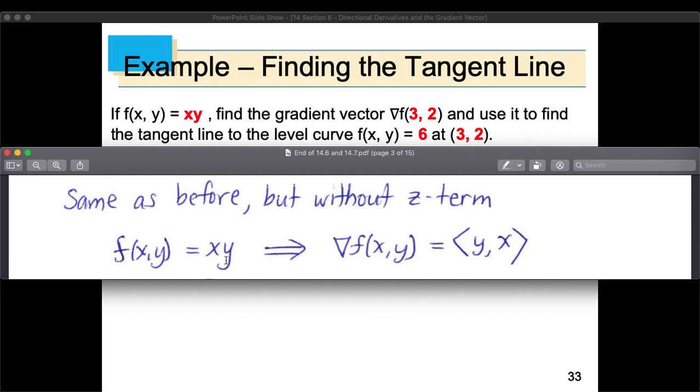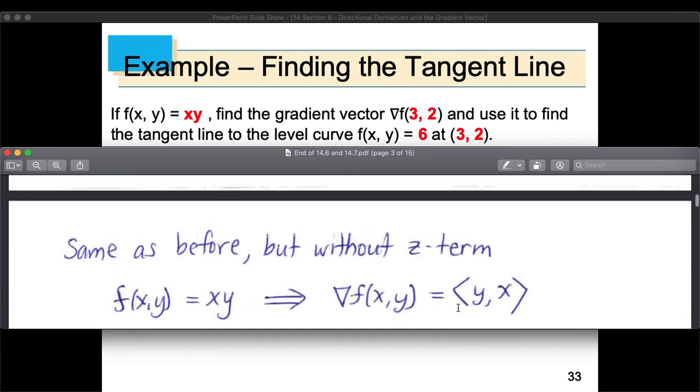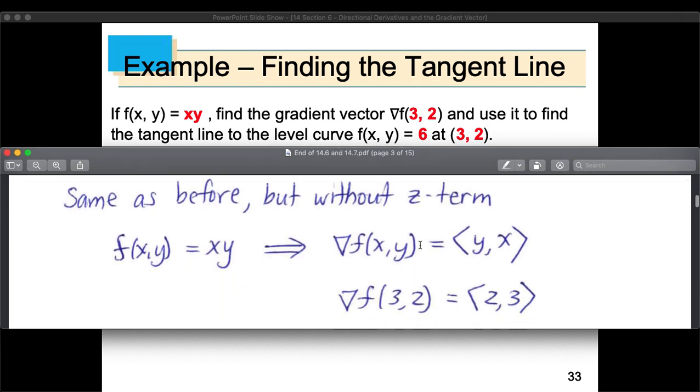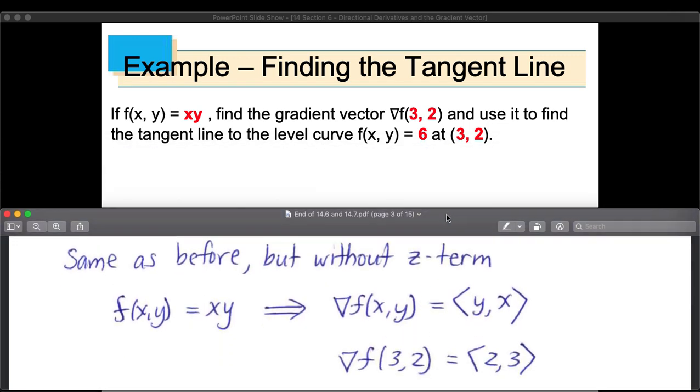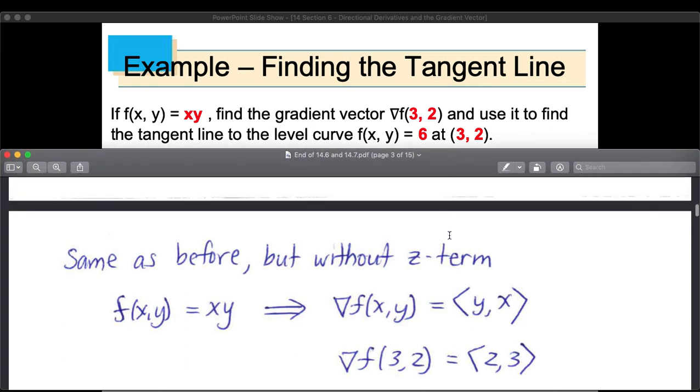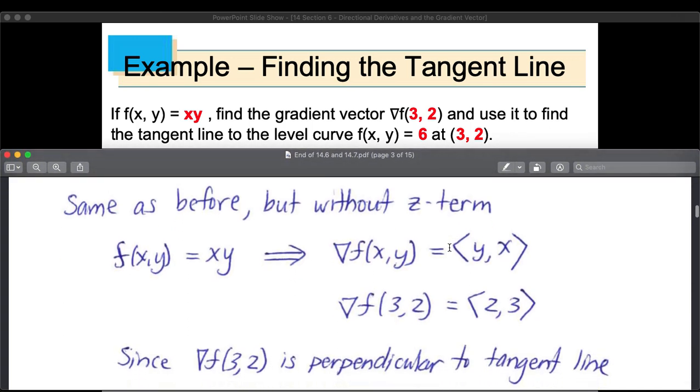That's simply because the partial derivative with respect to x is going to be y, and the partial derivative with respect to y is going to be x. Now, we evaluate the gradient at the point 3, 2. We get the vector 2, 3.